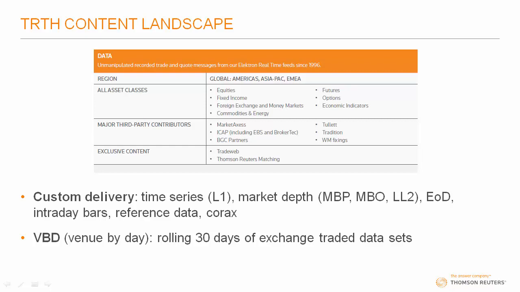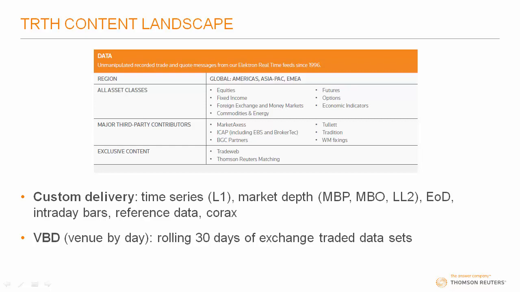Through custom delivery, in other words bespoke requests, you can retrieve pricing data. That is time series, level 1 data, trades and quotes, auctions, corrections, market statistics, order imbalance. Market depth, that is level 2 data, market by price, market by order, and also end-of-day prices and intraday bars.